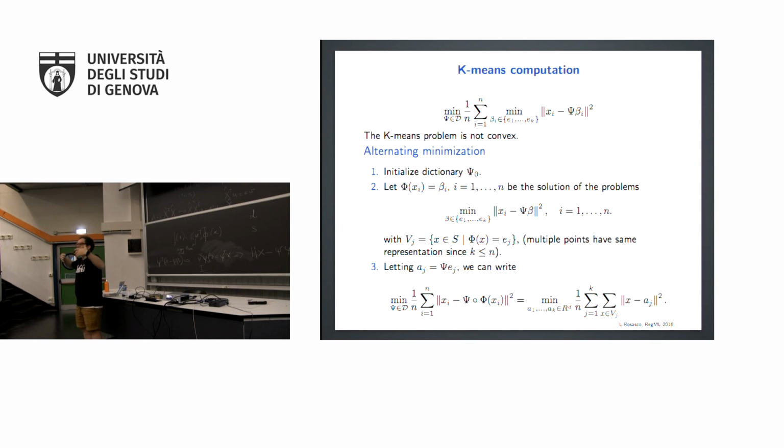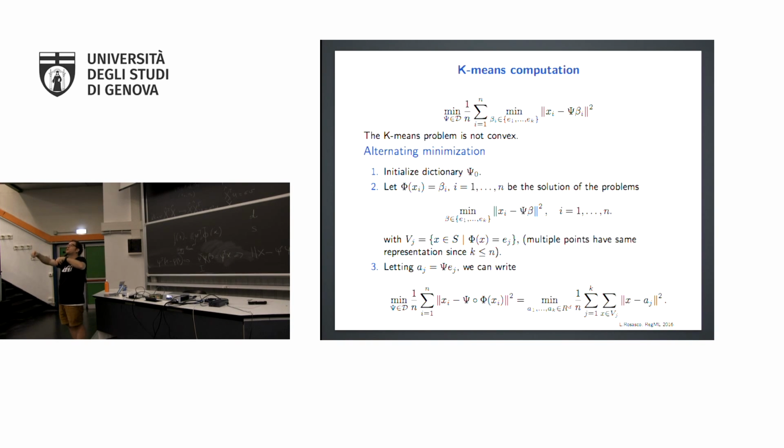You can now view everything we've done so far as follows. You have the space of the input, and you throw a bunch of vectors. What are these vectors that you throw at the beginning, to initialize with? They're the centers, but what are the centers here? The points that you assign each input point to are just the columns of the matrix. So choosing a dictionary, in k-means terms, in clustering terms, is choosing a bunch of centers at random.